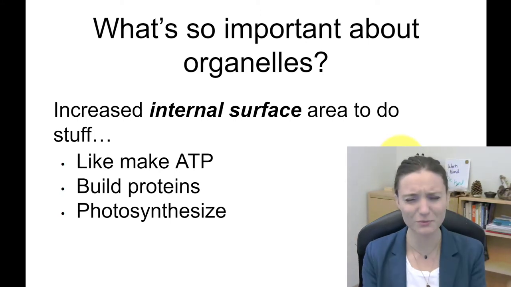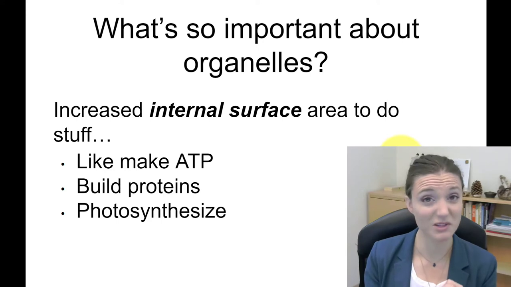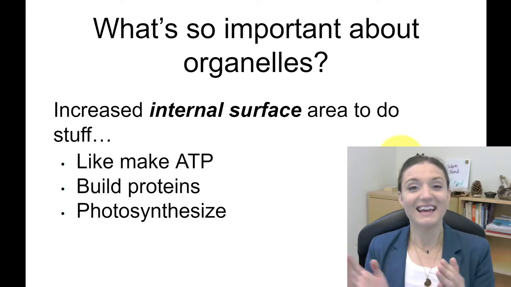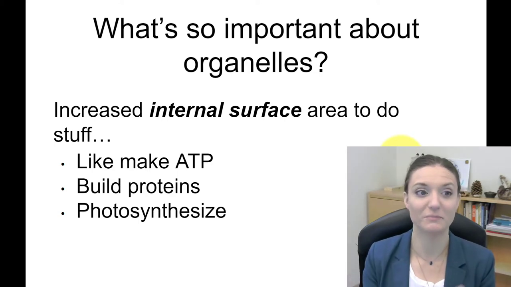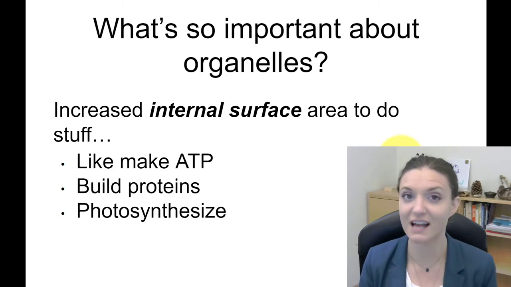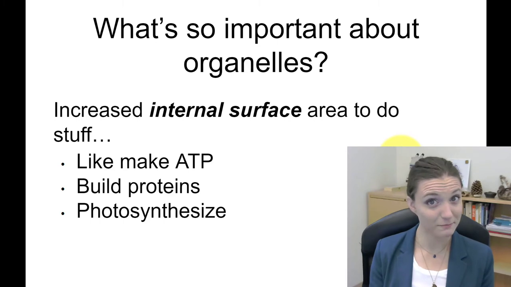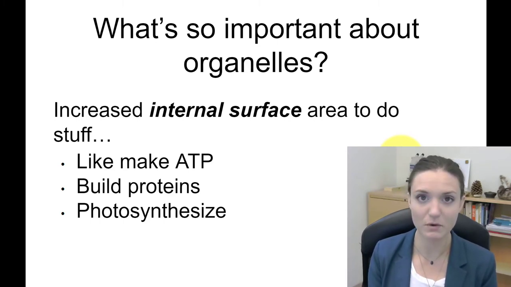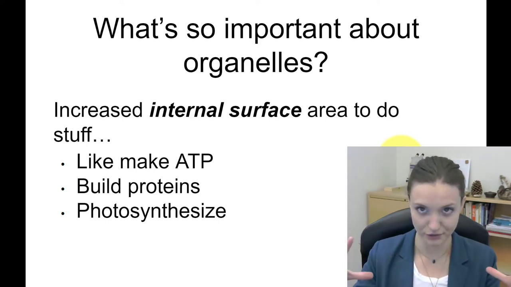So what's so important about organelles, right? Prokaryotes, they don't really have any organelles. They have ribosomes to build proteins, and that's about it, right? In eukaryotes, organelles are super important because they help to increase the internal surface area of the cell, which allows the cell to do a lot of stuff, right? So most cells, especially prokaryotic cells, if they wanted more surface area, they'd have to make their outer cell membrane larger and larger and larger.